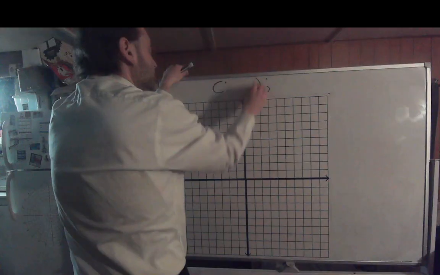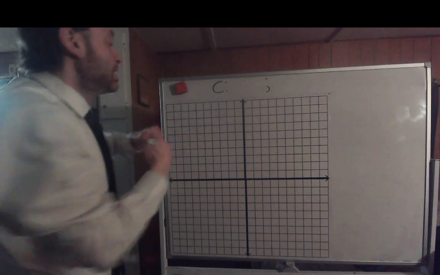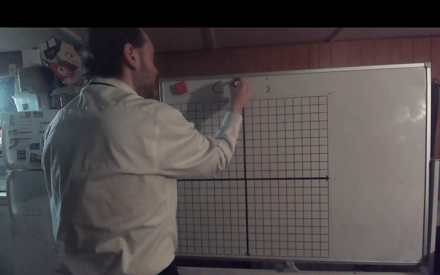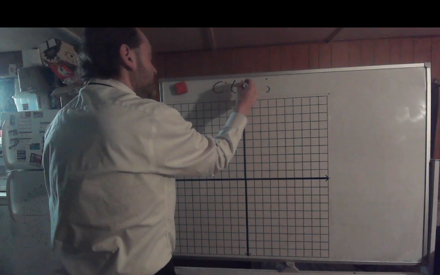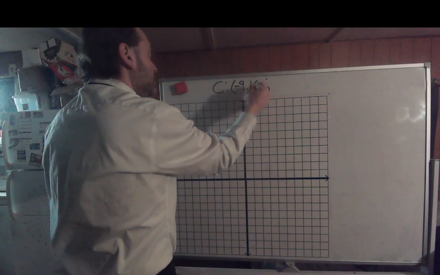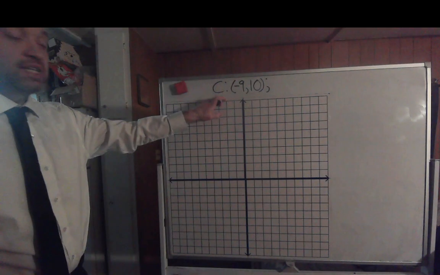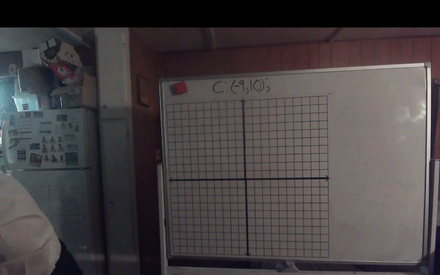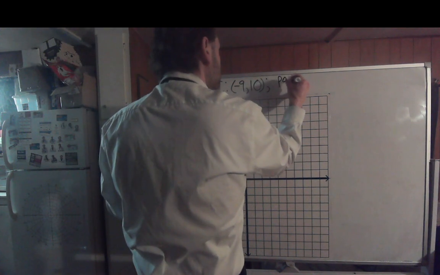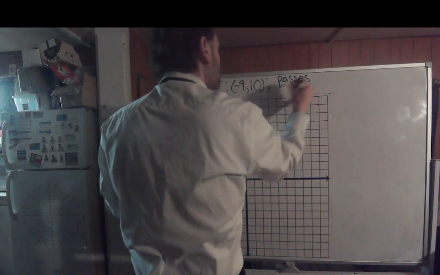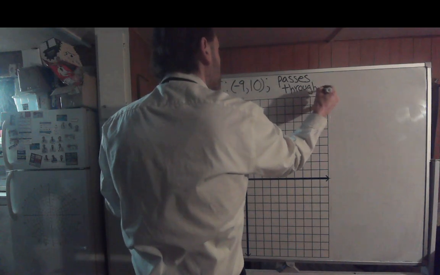It's still going to pass through a point, but your center is no longer at the origin. Let's say the center is at -9, 10. So the center of the circle is all the way at -9, 10. It passes through the point 5, -3.